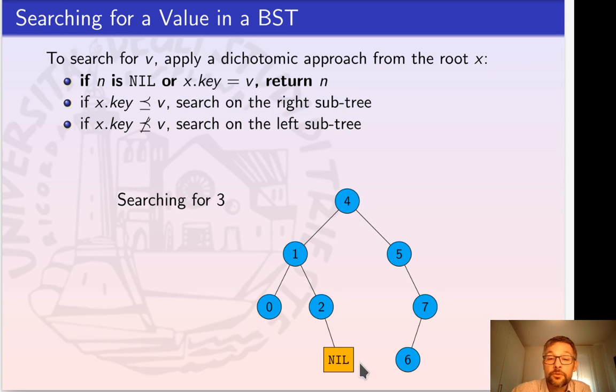They are not really useful from a functional point of view, but they are useful in dealing with the cases in which we want to search for a given value inside a BST which doesn't contain that value. It is much easier if you think of having nil nodes. So searching for 3, we end up with a nil node, meaning that the number 3 is not contained in the BST.